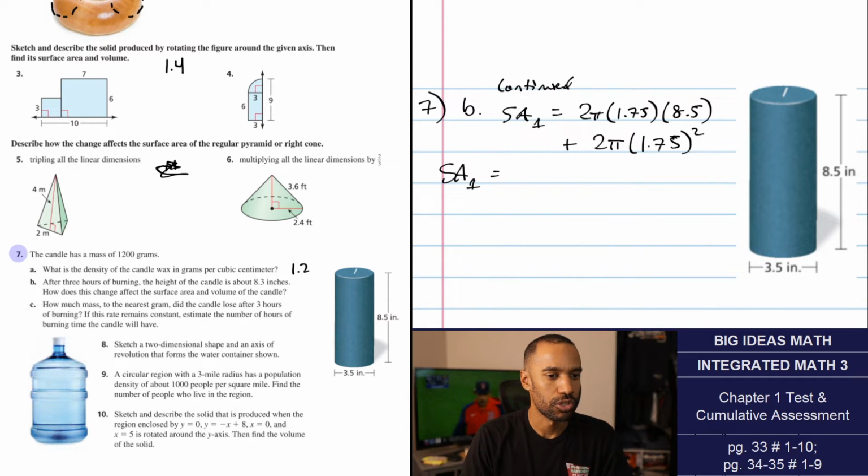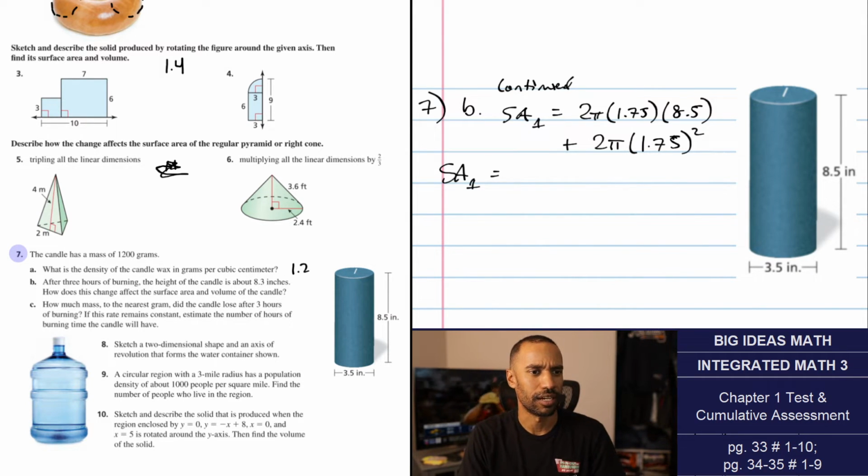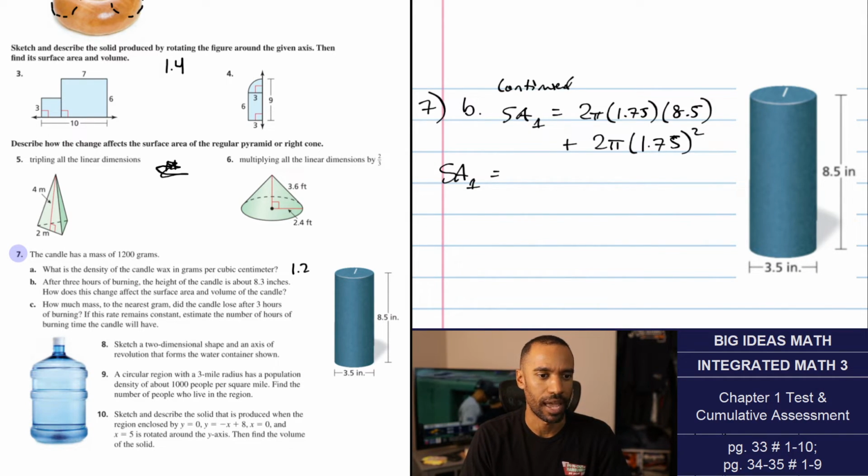So 2 times 1.75 is 3.5. So 3.5, diameter times pi, duh. I should really lean into that more when I have it. Diameter times pi, so 29.75 pi.